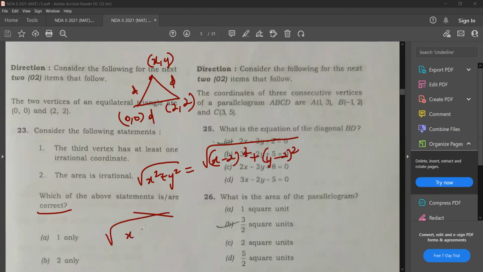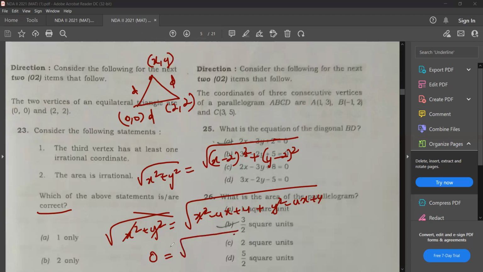So root of x square plus y square is equal to root of x square minus 4x plus 4 plus y square minus 4y plus 4. Once you open the bracket, you get x square, y square on both sides.